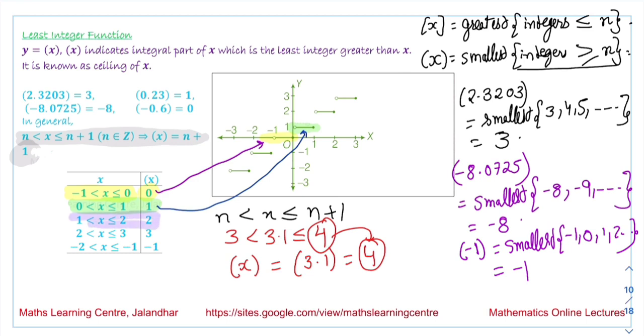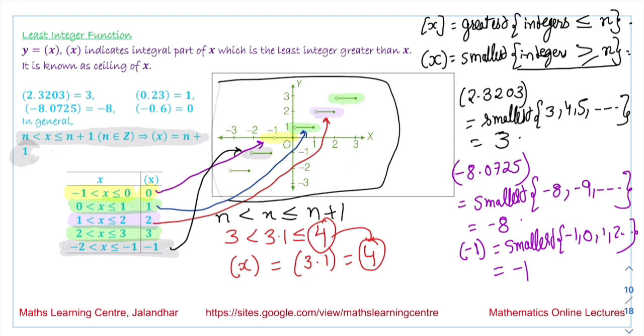Next, if the values of x lie between 1 and 2, the answer we obtain is 2. Similarly, if the values of x lie between 2 and 3, the answer we are obtaining is 3. And if the value of x is lying between minus 1 and minus 2, the answer we are obtaining in this case is equal to minus 1. So this is the graphical representation of this function.